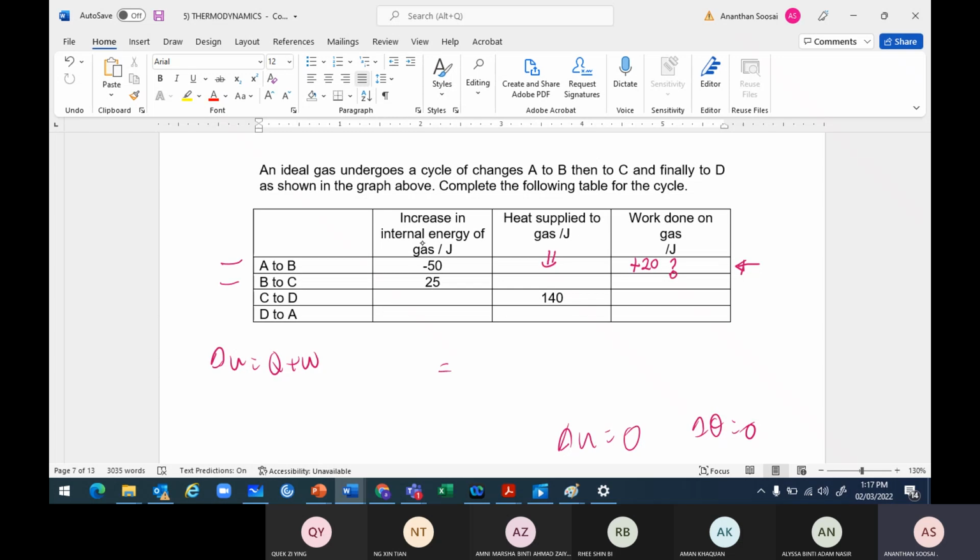A to B, the internal energy change was negative 50. Q we don't know, but the work was positive 20. So Q should be how much? Negative 70, right? Q should be negative 70 joule.